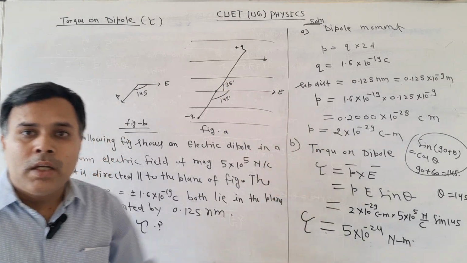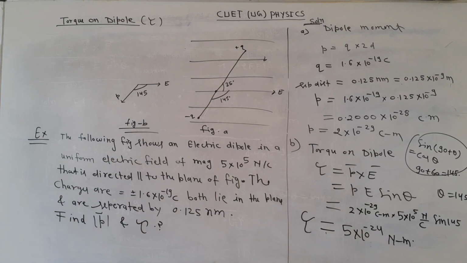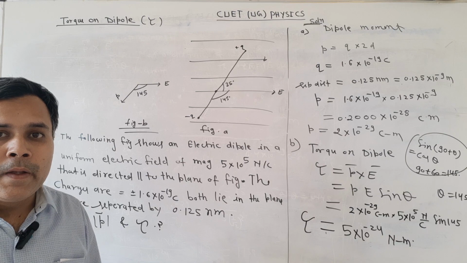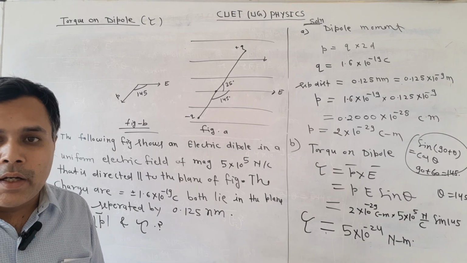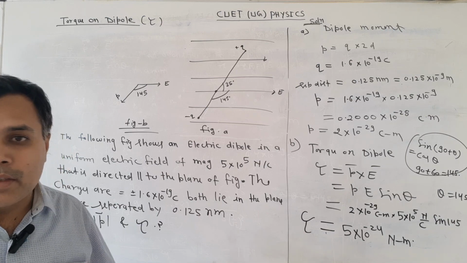So it's all about the torque on a dipole, which is P cross E. Its unit is Newton meter, and we have discussed how to calculate the torque on a dipole for a given electric field, charge and separation distance.